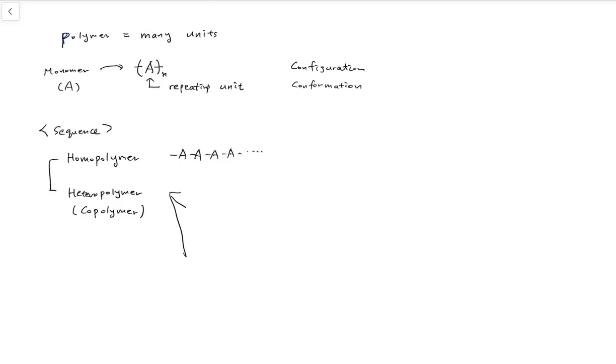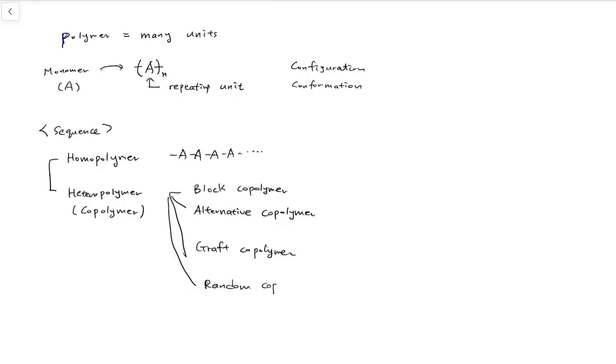So they could have different structures such as block copolymer, alternative copolymer, or graft copolymer, or random copolymer.